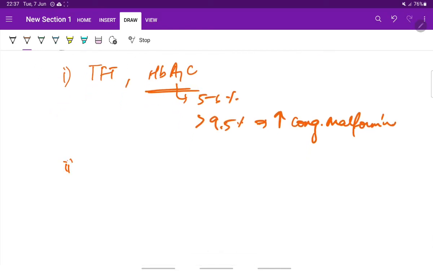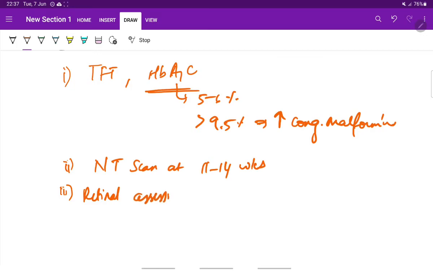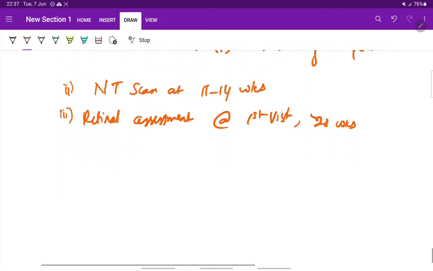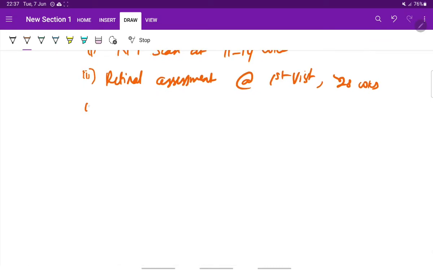Next, we perform a nuchal translucency scan at 11 to 14 weeks. Next, we see retinal assessment at first visit, then at 28 weeks, for any retinopathy which can be associated with diabetes mellitus.